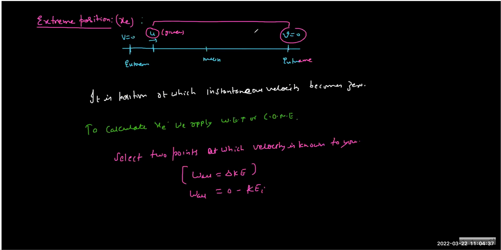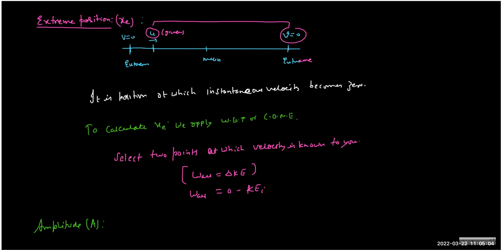So the third definition or terminology used in this chapter is called amplitude. Amplitude is a scalar quantity. It only shows how far you can go on either side of the mean value. By definition, amplitude is simply the maximum magnitude of displacement with respect to the mean position, not any other position.